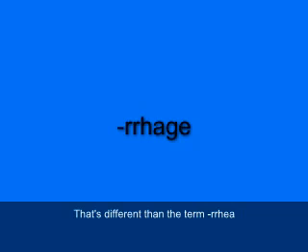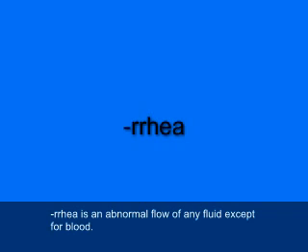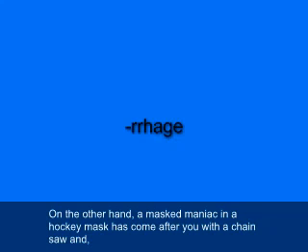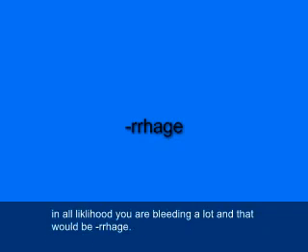That's different than the term -rrhea. Rrhea is an abnormal flow of any fluid except for blood. So if there's some kind of fluid running all over the place, coming out of some part of your body, you've got something that is a rrhea. On the other hand, if a masked maniac in a hockey mask has come after you with a chainsaw, in all likelihood, you're bleeding a lot, and that would be a rrhage.